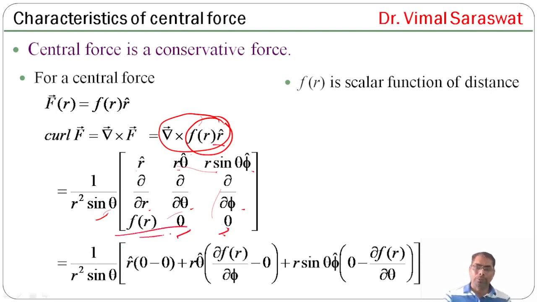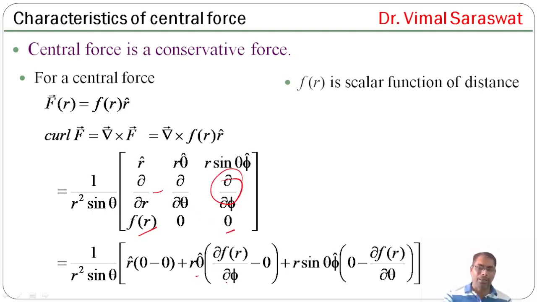Now, we open this determinant. So 1 upon r square sin theta as it is, r cap, del by del theta of 0 is 0, del by del phi of 0 is 0, so this is 0, plus r theta cap, del by del phi of f of r minus del by del r of 0, plus r sin theta phi cap, del by del r of 0 is 0 minus del by del theta of f of r.